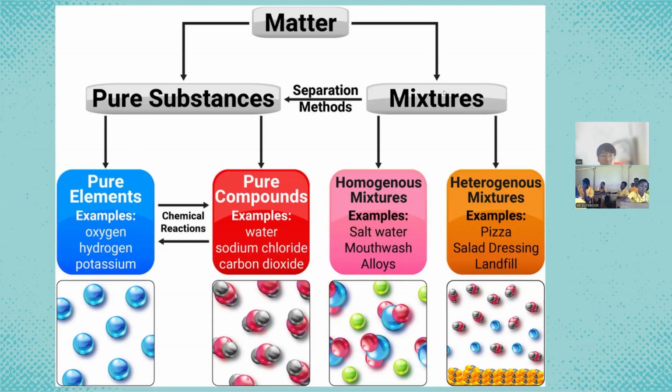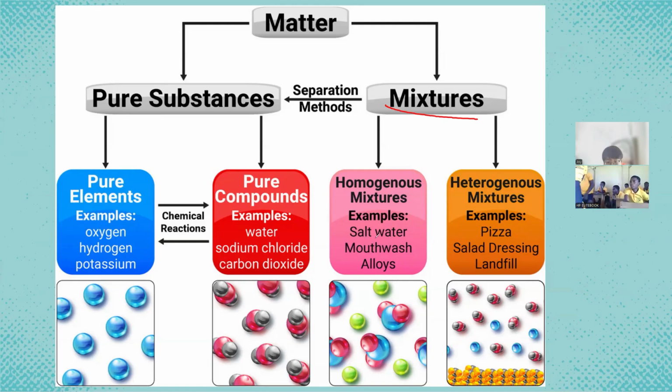We've first talked about matter, remember? Matter can be separated into pure substances or mixtures. And we've talked about multiple separation methods like distillation and filtration. But remember that mixtures can be homogeneous or heterogeneous.